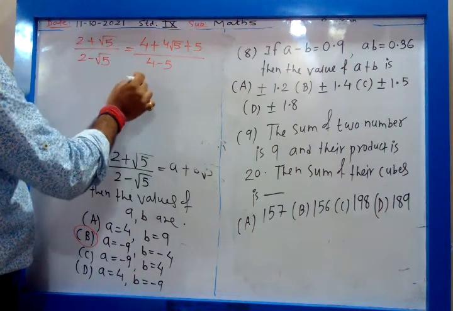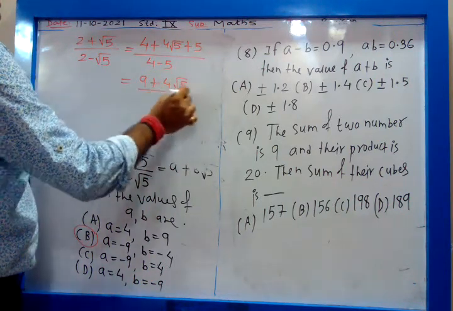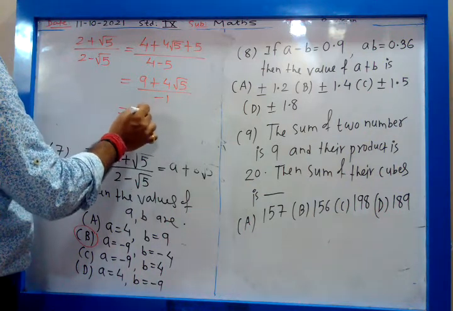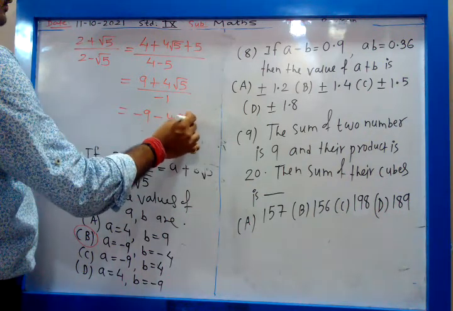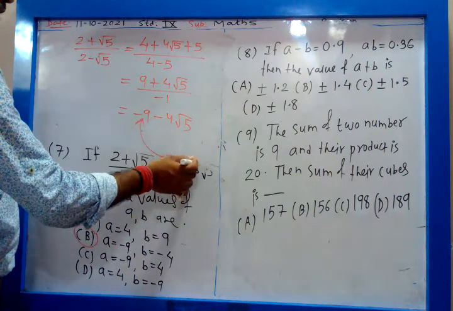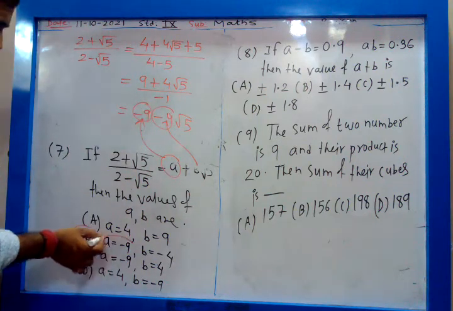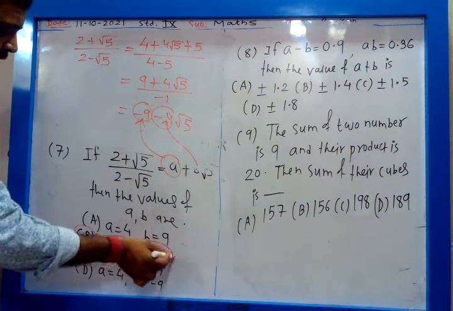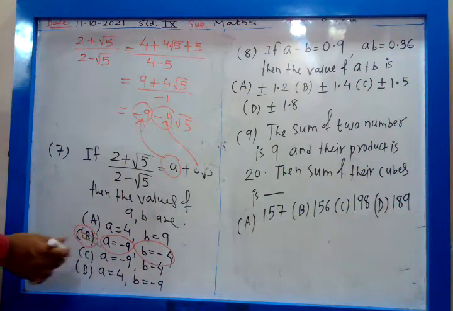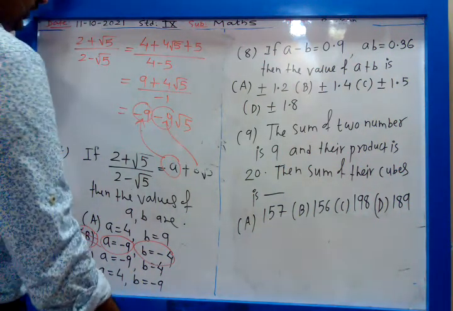So 4 plus 5 is 9, 9 plus 4 root 5, 5 minus 4 is minus 1. Minus sign you can take, minus 9 minus 4 root 5. When you compare, A is equal to minus 9 and B is equal to minus 4, which is option number B. B is the correct option.